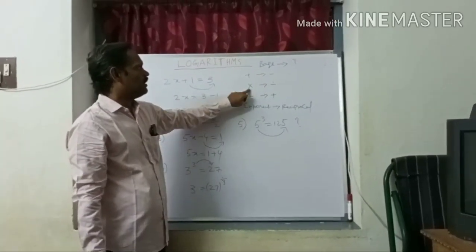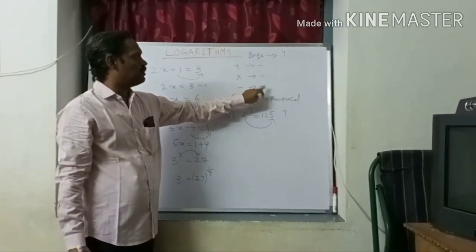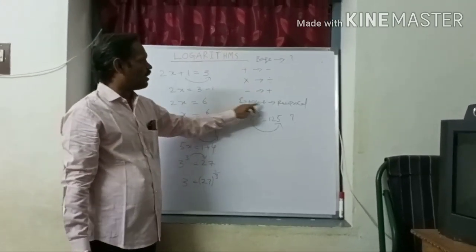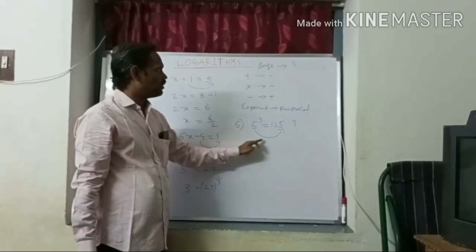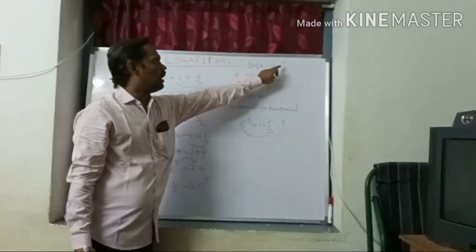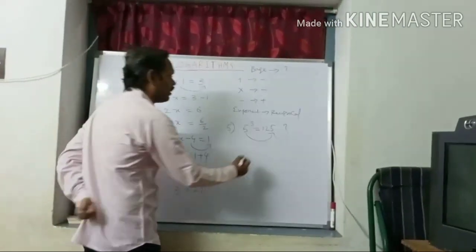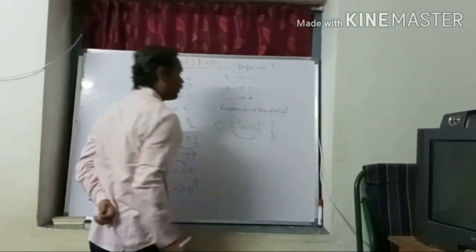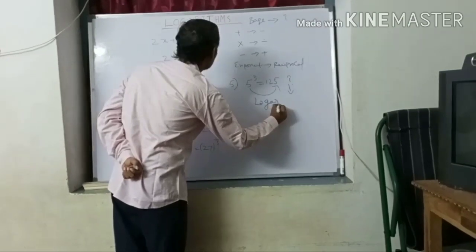If multiplication is transposed, it becomes division. If minus is transposed, it becomes plus. If an exponent is transposed, it becomes its reciprocal. If you transpose the base, then what happens? Now this question gives the concept of logarithms. The question mark can be answered like this: logarithms.